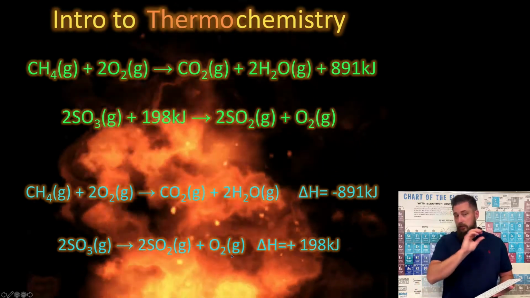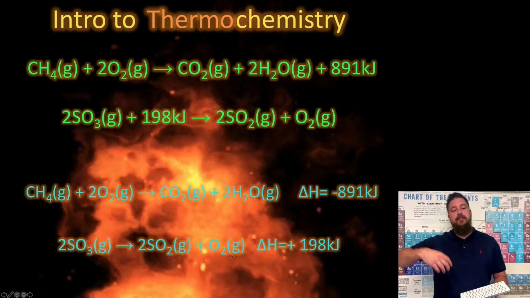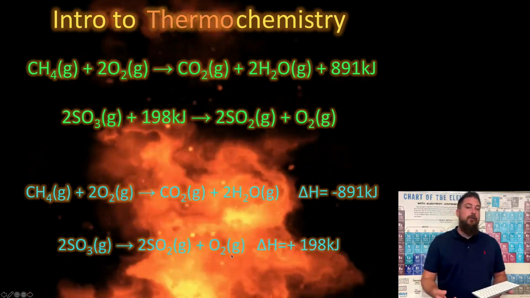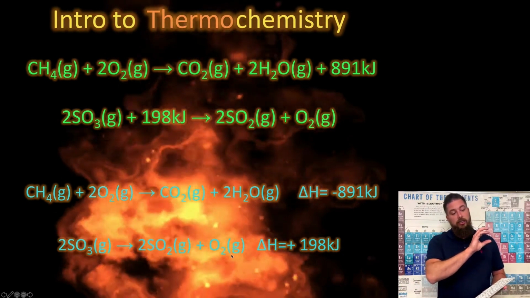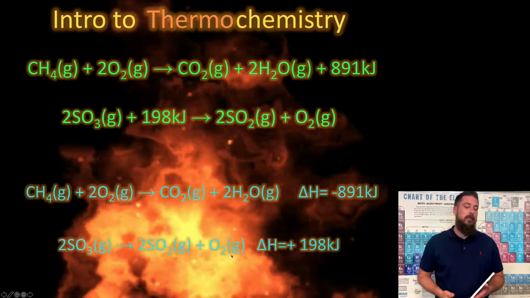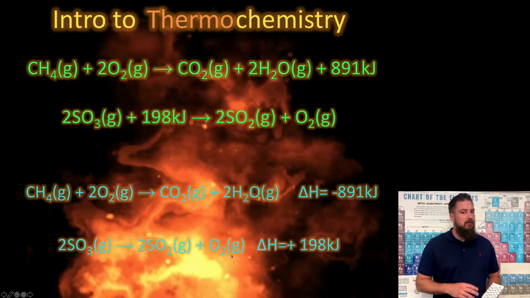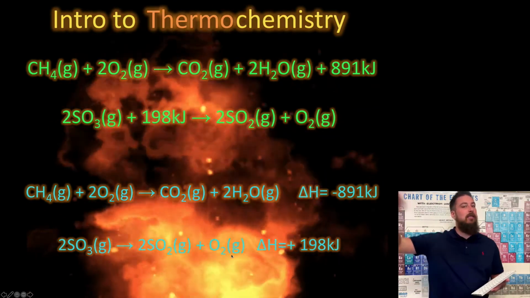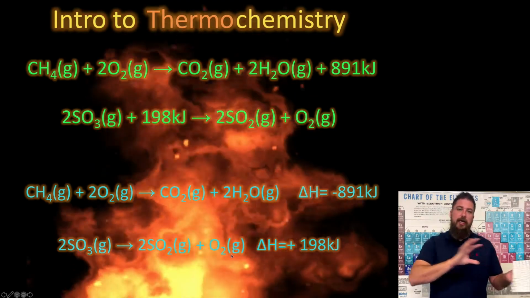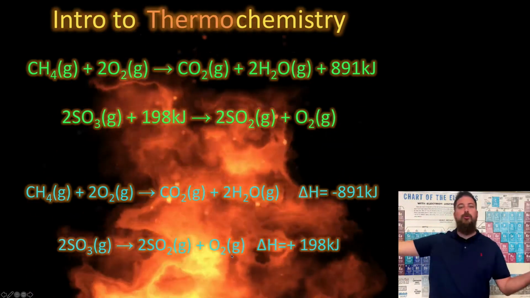That is the thermochemical equation, but you can also write it separate from the equation, where you say that the equation itself has a delta H of negative 891. Why is it a negative 891? Well, it's negative because it's giving off energy. So when this reaction occurs, it loses that energy. That energy is a product, and that energy goes away.